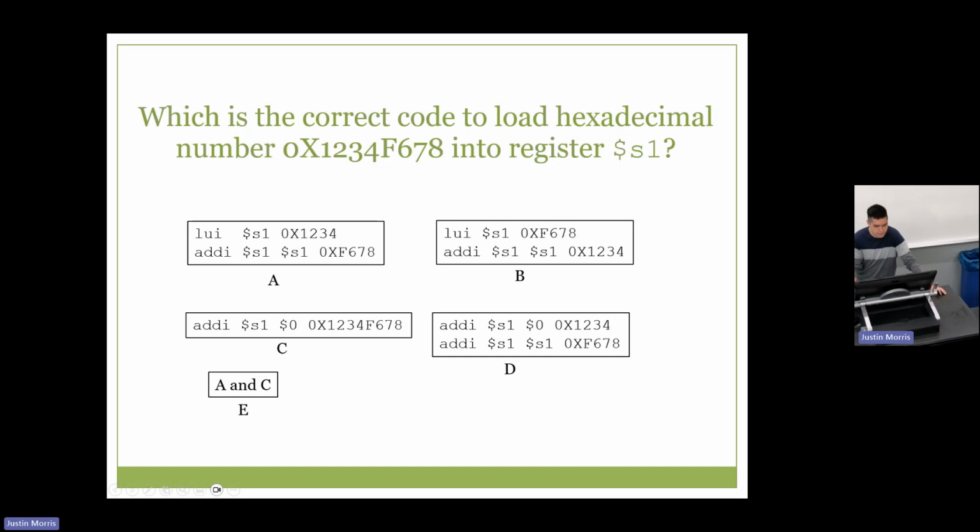S1 is our destination and our other operand. So S1 is this 0x1234 in the top 16 bits, and then this immediate is 16 bits, so we fill it up with the bottom 16. Then we add them, and 0 plus F678 is F678. So then we have 1234F678.